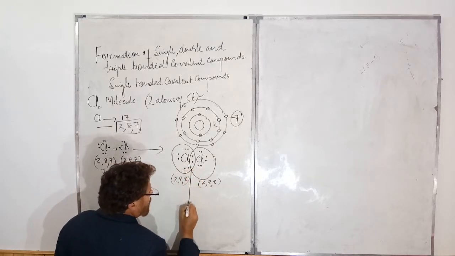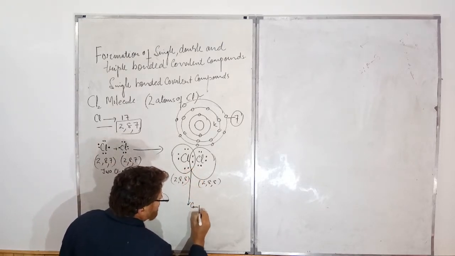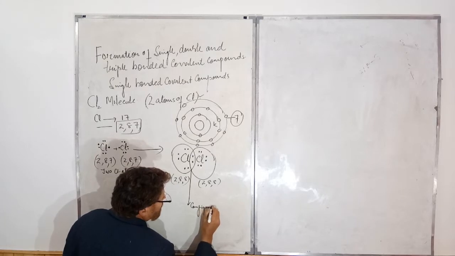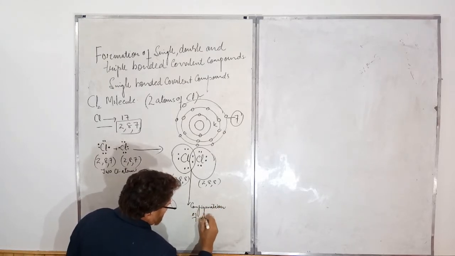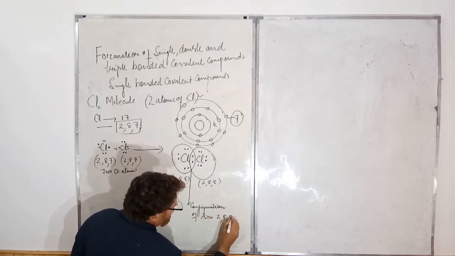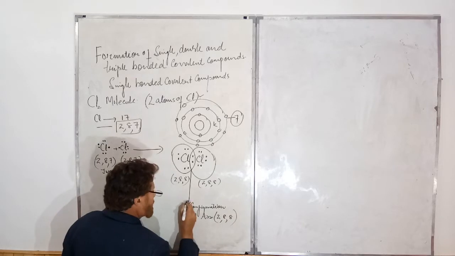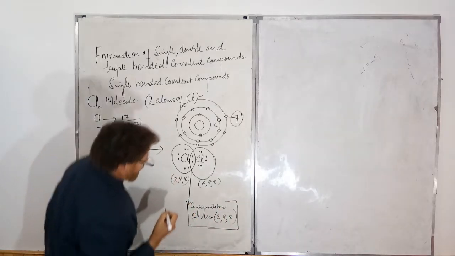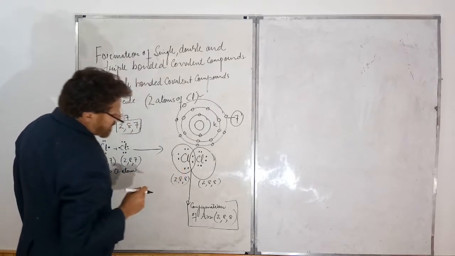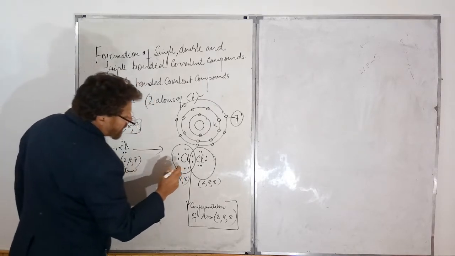This is called the configuration of argon, that is 2, 8, 8. It is an inert gas configuration of argon.